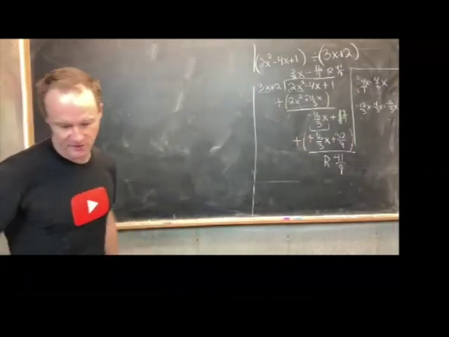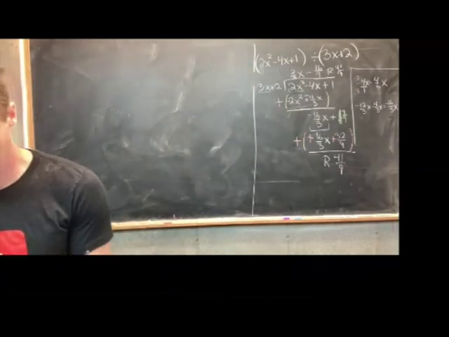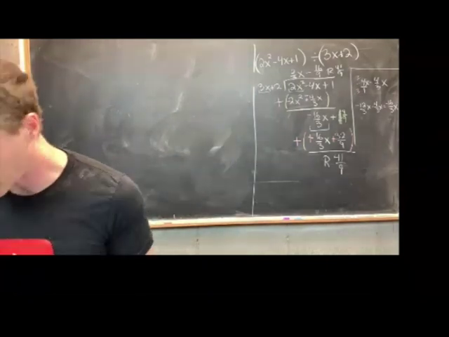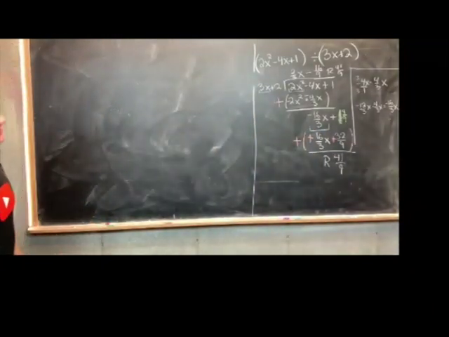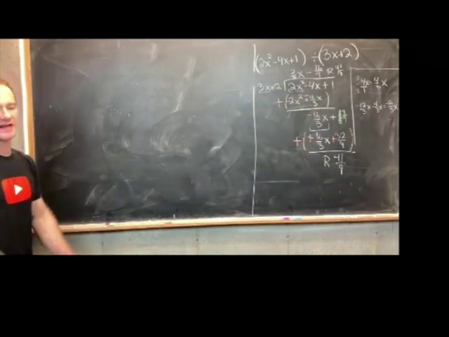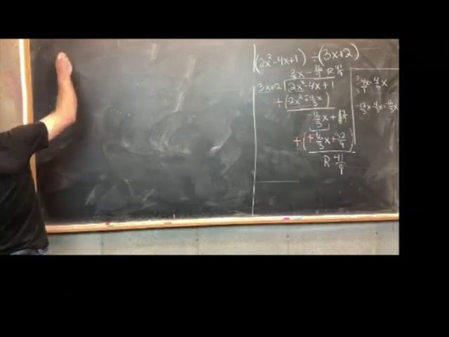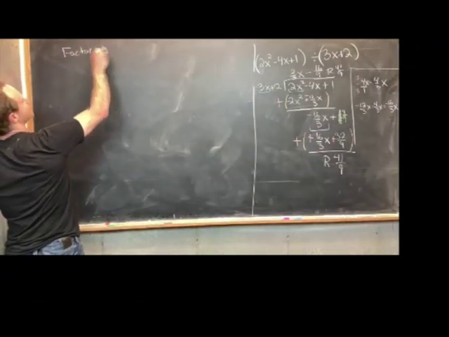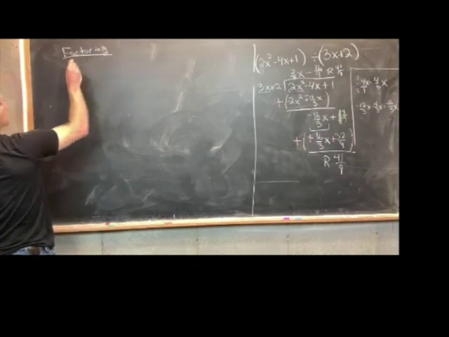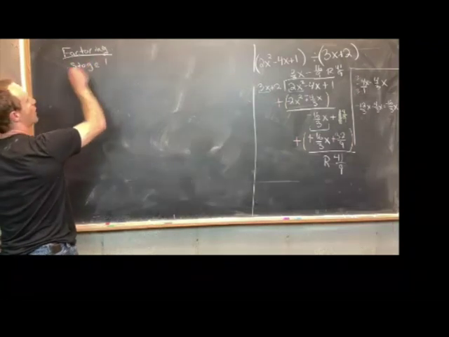So the first stage will be taking out a common divisor, and then the second stage will be like common factoring formulas, and then the third stage will be like more general factoring. So let's look at maybe stage 1 first. So factoring. Like I said, stage 1.